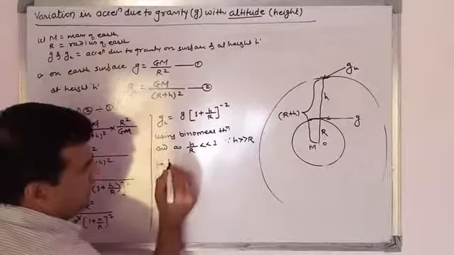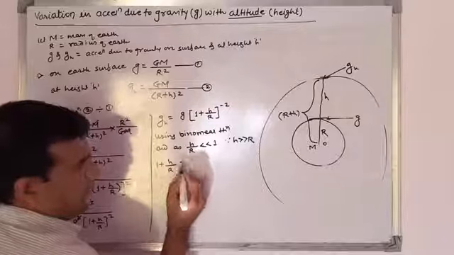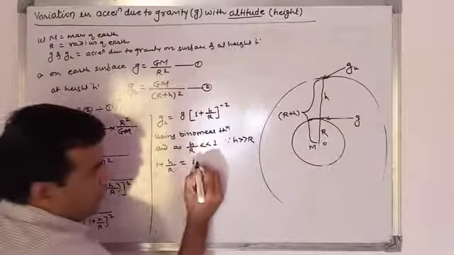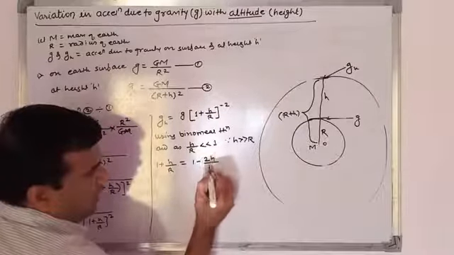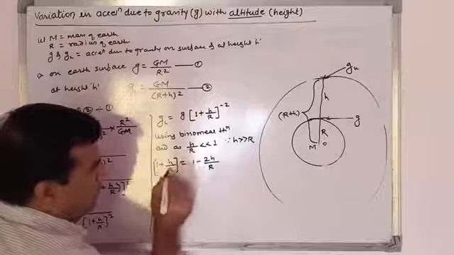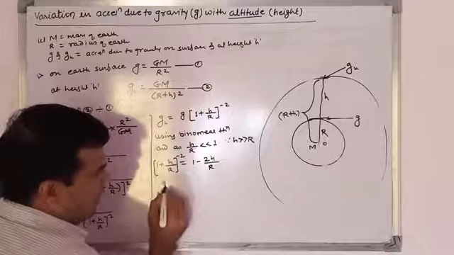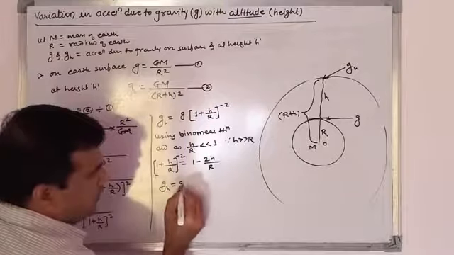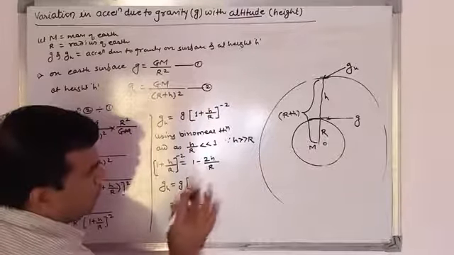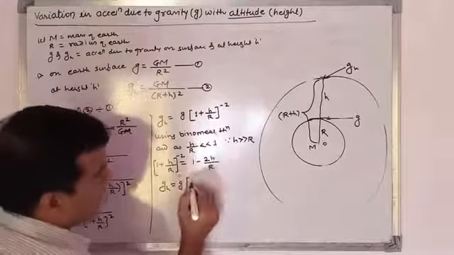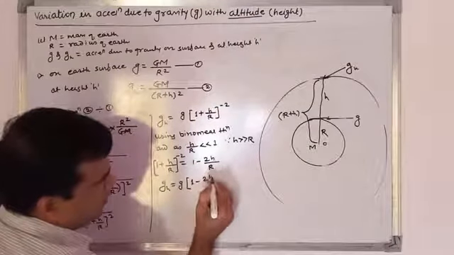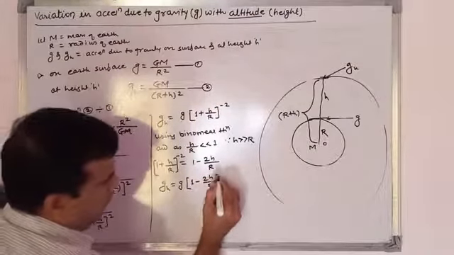Therefore (1 plus h upon R) raised to minus 2 can be written as 1 minus twice h upon R. Therefore g_h is equal to g into (1 minus twice h upon R).